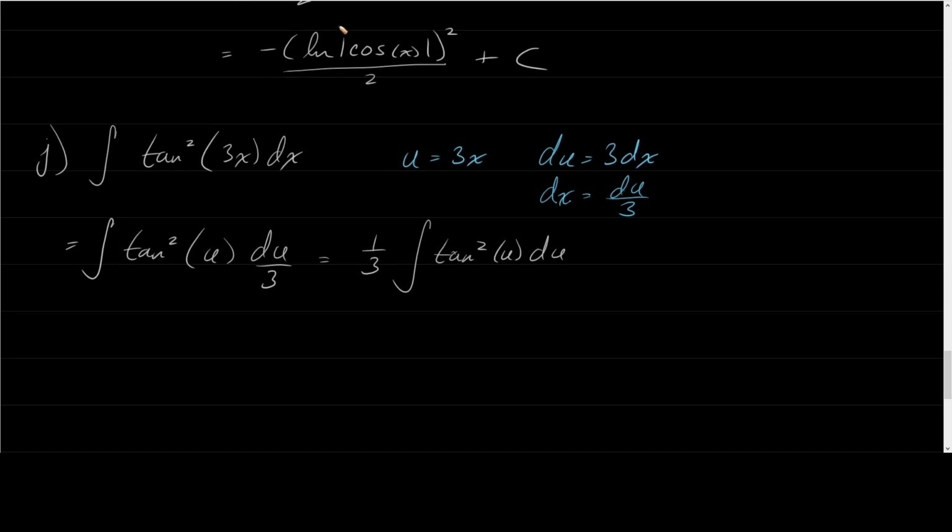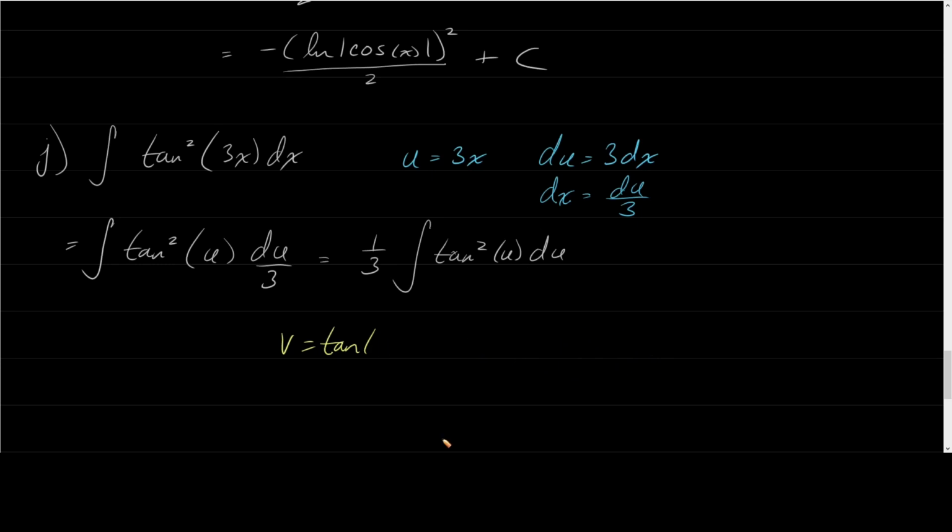Let me show you what happens when you try. If I let v be tangent of u, then dv is secant squared of u du. The problem arises when we try to replace that du. We don't have anything with a secant squared.